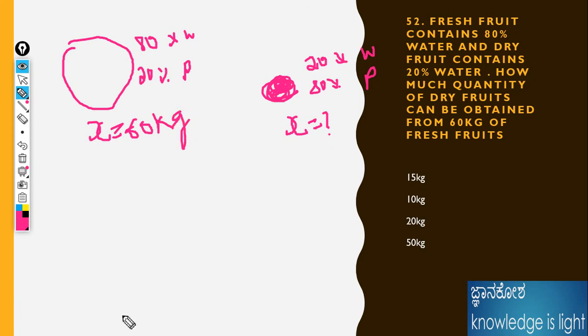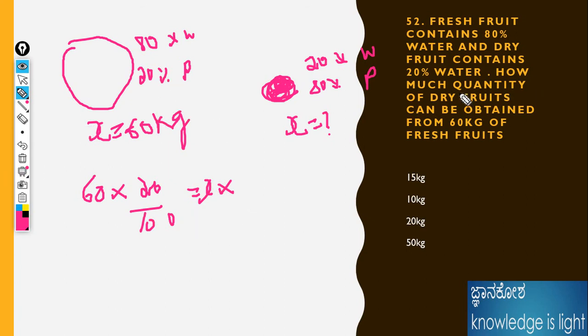We have 60 kg, with 20% pulp in the fresh fruit and 80% pulp in the dry fruit. Then substitute: 60 into 20 divided by 100 is equal to 80 divided by 100 into x, because we need to calculate the dry fruit.